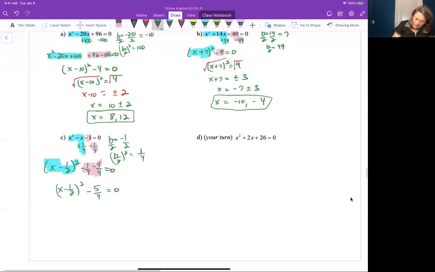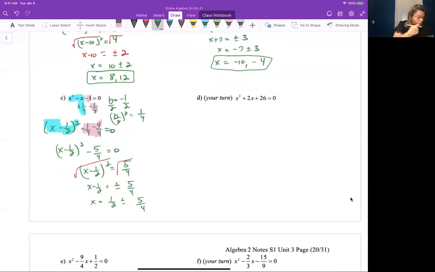Yeah. So now I need to rearrange the expression and solve for x. 5/4. I take the square root of both sides. I get x minus a half is equal to plus or minus 5/4. And so I get x is equal to 1/2 plus or minus 5/4.